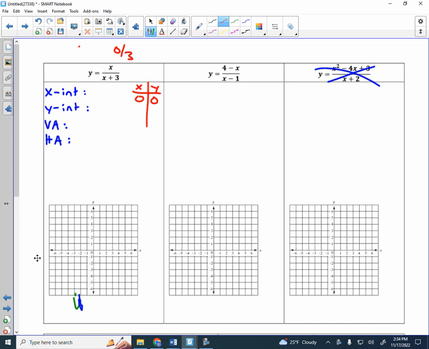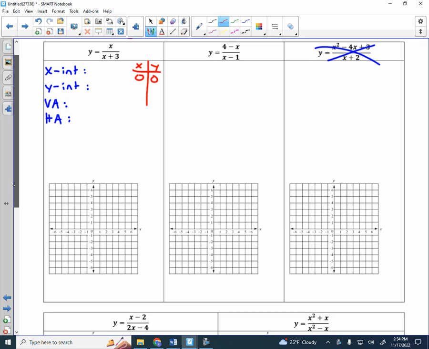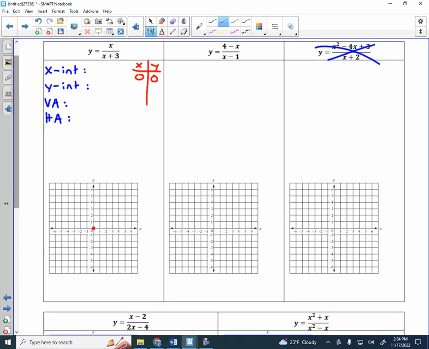So it turns out in this situation that this goes through the origin. It goes through 0, 0. I'm actually going to mark that point down right here. Okay. And so if it goes through the origin, that means that it has a y-intercept of 0 and an x-intercept of 0. Everybody okay with that? All right.